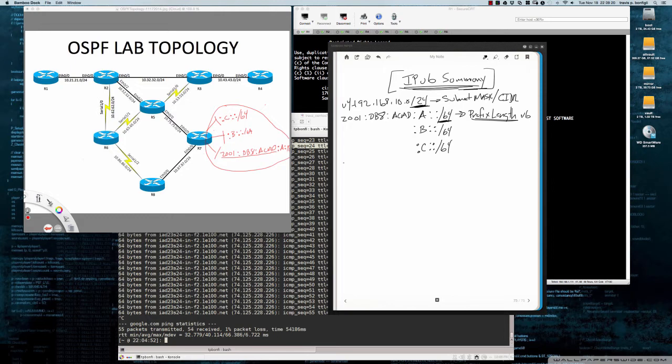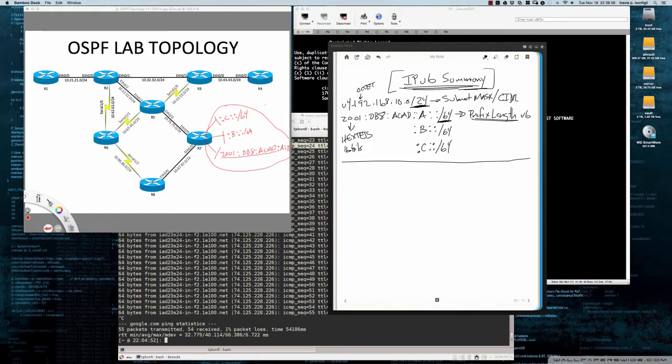All right, so the first 3 hextets, and again with IPv4 this was an octet. With IPv6, these are hextets. The reason they refer to them as hextets is there are 4 hexadecimal characters here, and each of the hexadecimal characters can be represented with 4 bits, so you've got 16 bits total per hextet.